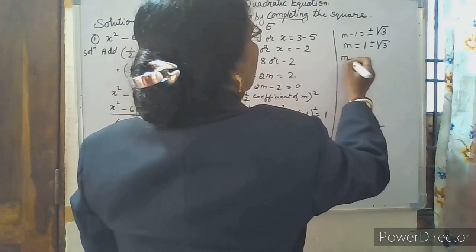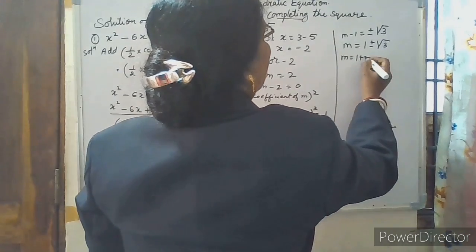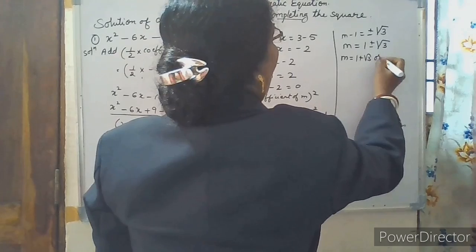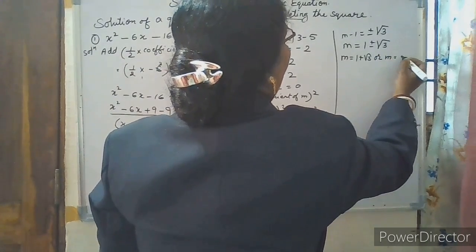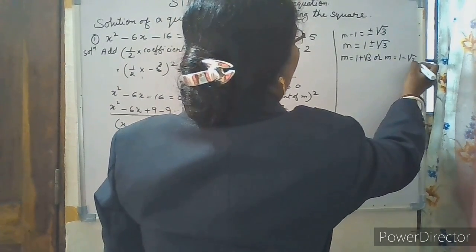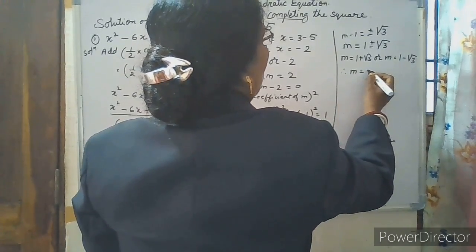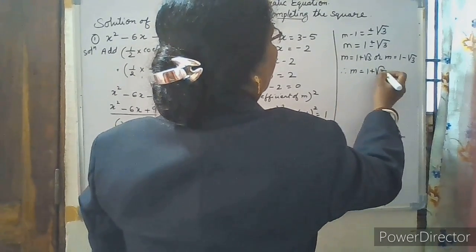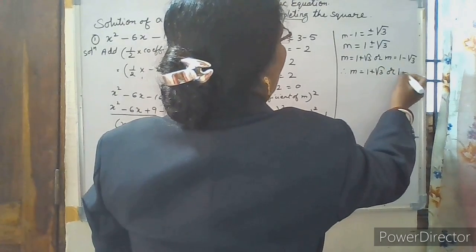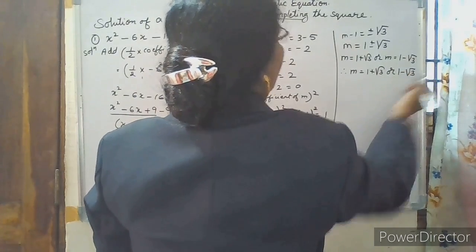Therefore, m is equal to 1 plus root of 3, or m is equal to 1 minus root of 3.